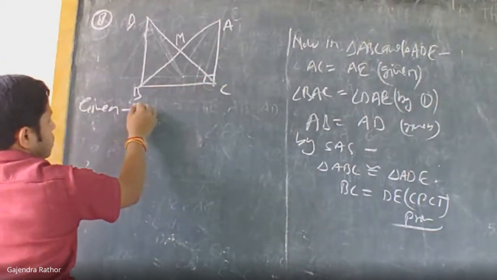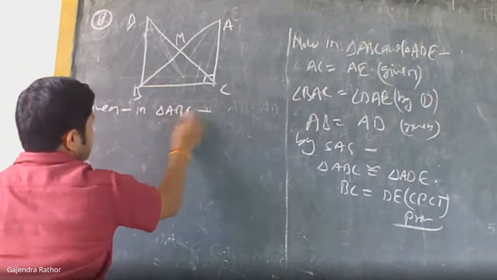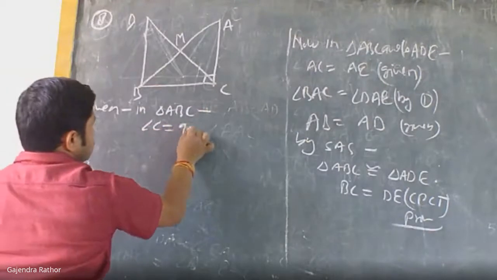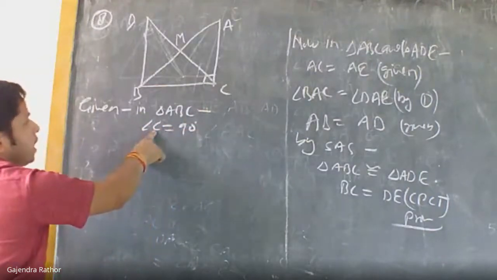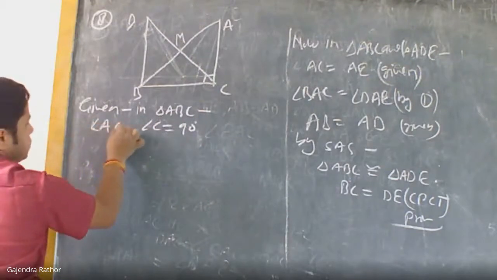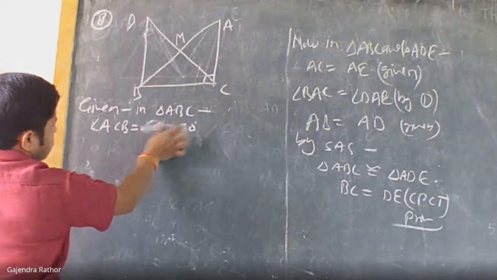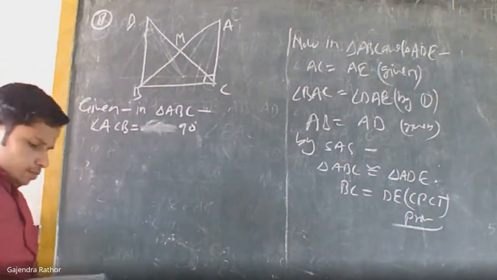So given in triangle ABC, angle C is equal to 90 degrees. What is the other name of C? ACB. So angle ACB. Only ACB is enough. ACB is equal to 90 degrees.